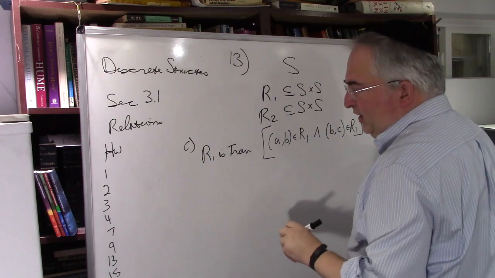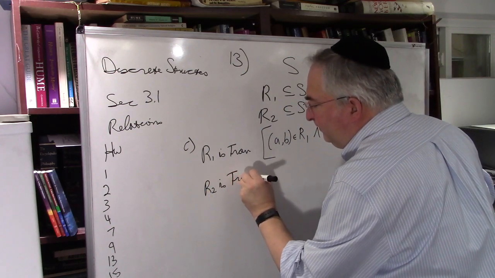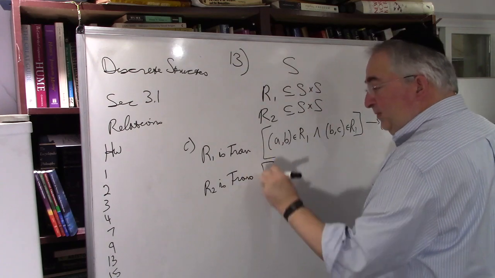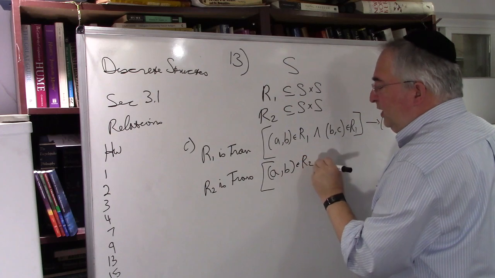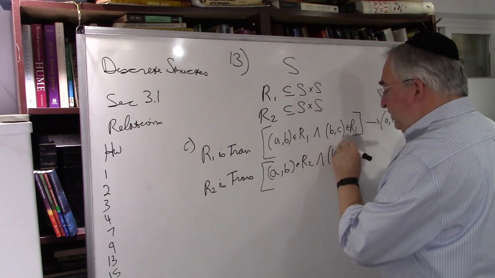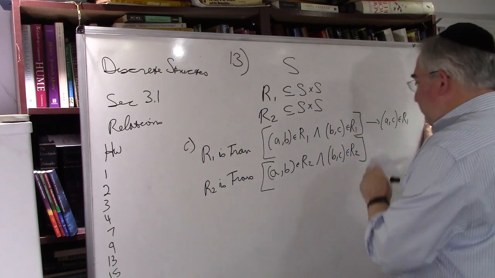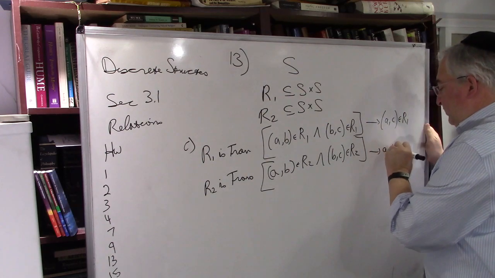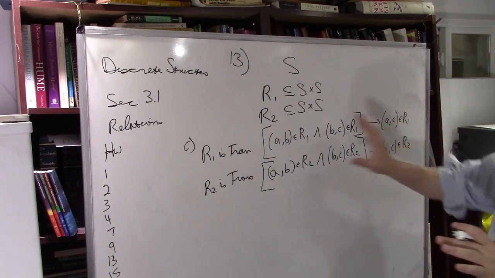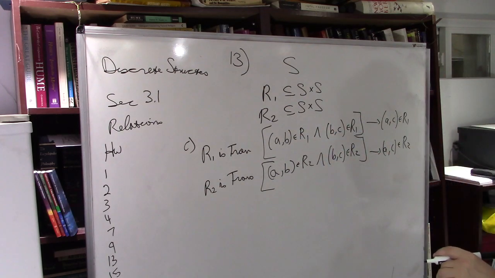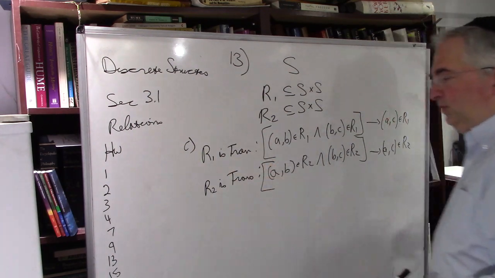Very good. Next, R2 is transitive. What does that mean? It means A comma B is a member of R2 and B comma C is a member of R2, and this whole thing implies that A comma C is a member of R2. Great. This is what we're given as true: this is what it means for R1 to be transitive, and this is what it means for R2 to be transitive.